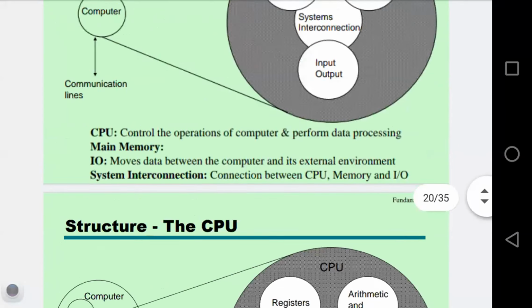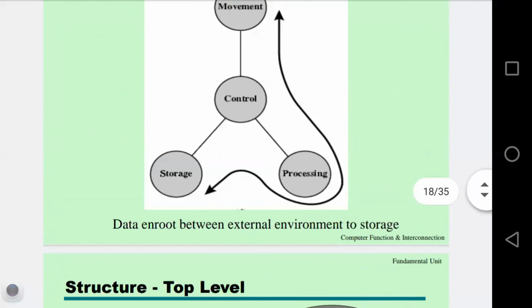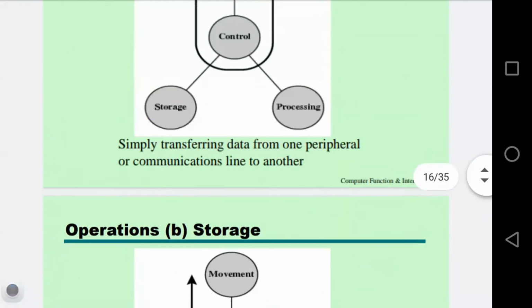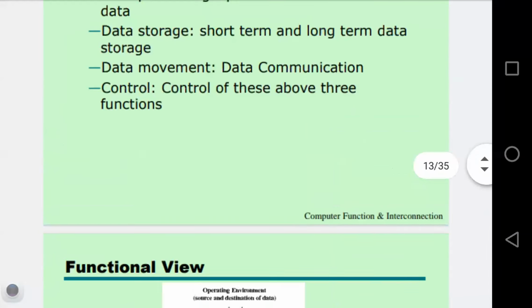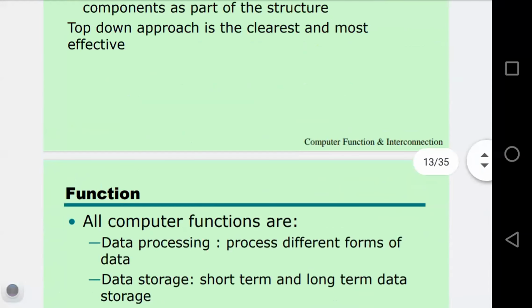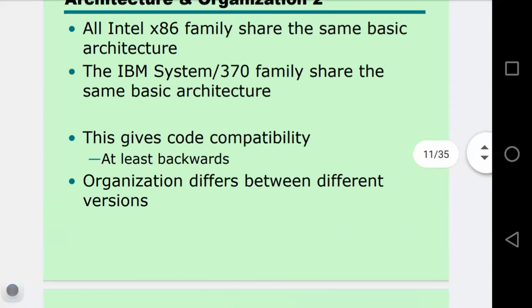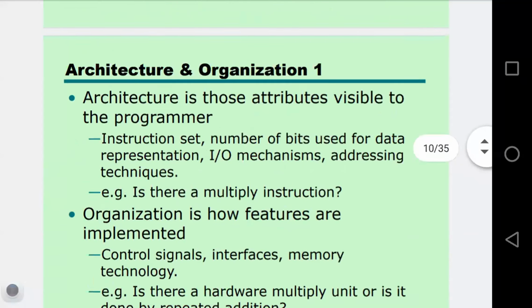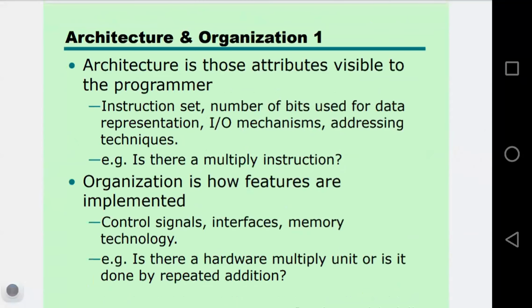So by using the top-down approach, we can understand the structure and function. Okay. So today we have discussed two concepts, that is what is architecture and organization. Architecture means what and organization means how.